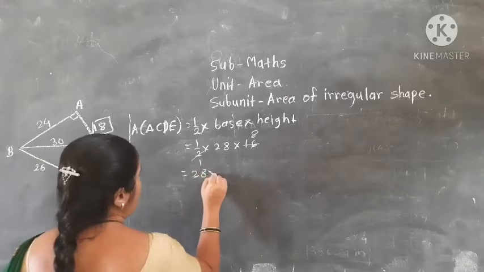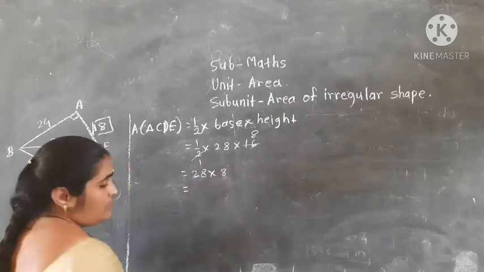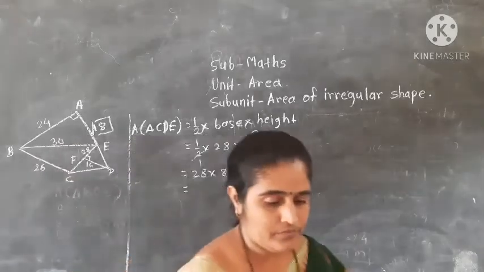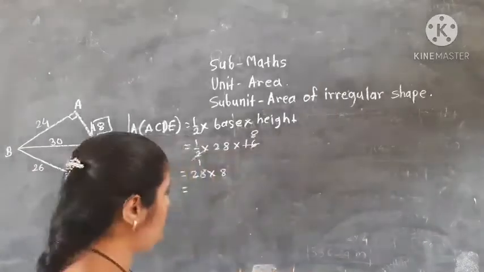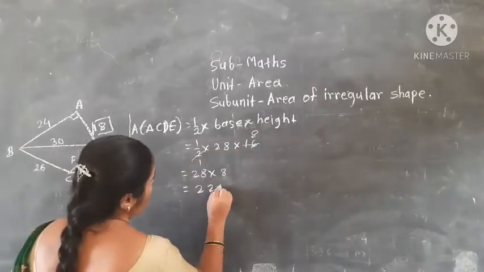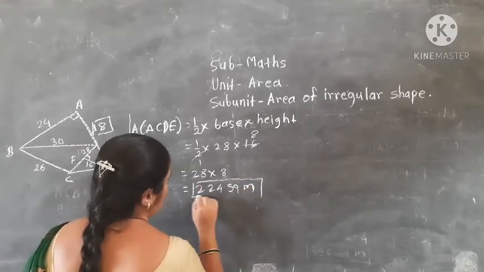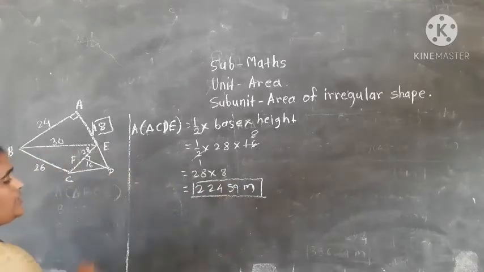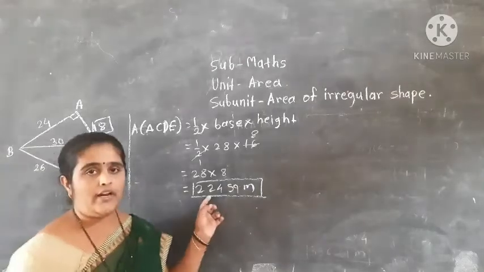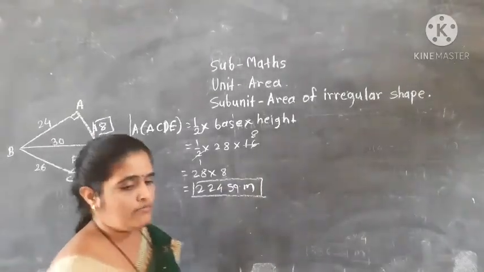Then 28 into 8, the multiplication is 224 square meter. Area of triangle CDE is equal to 224 square meter.